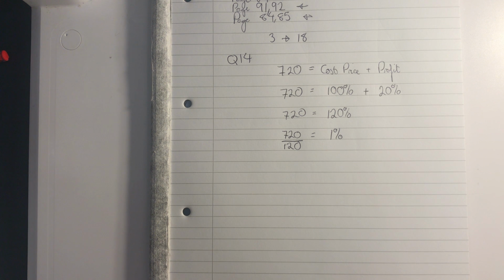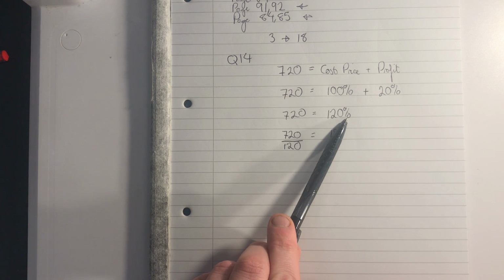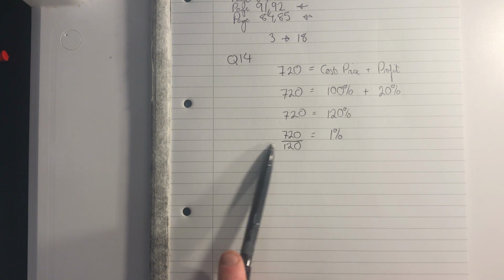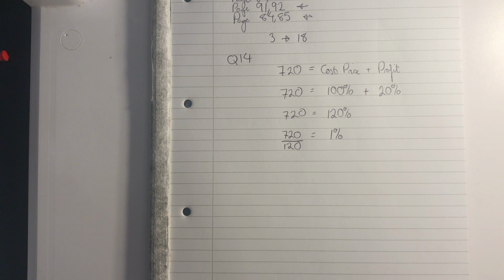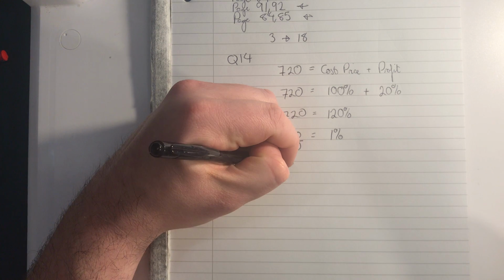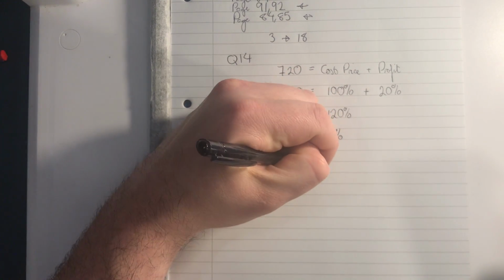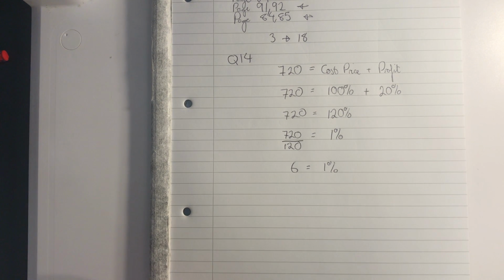Okay, so we could think about it like that, or we could just think about it like cats, that if 120 cats cost €720, the price of one cat would be 720 divided by 120. And that gives me, on my calculator, 6. So I now know that 1% is equal to 6.